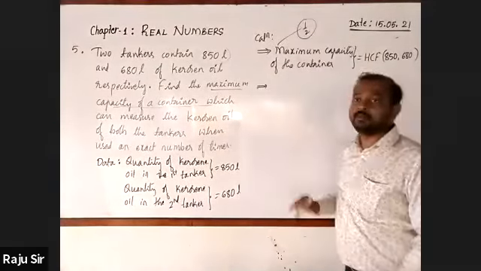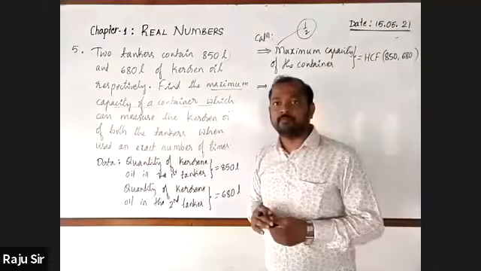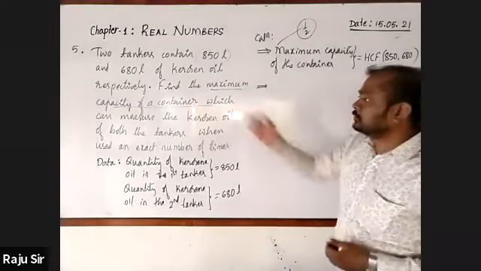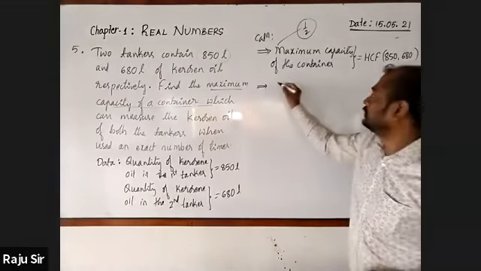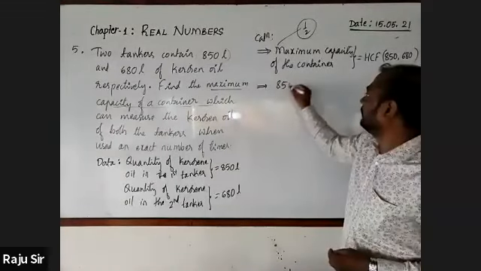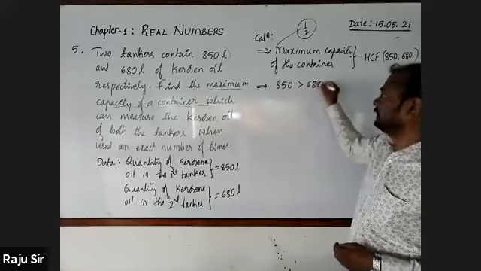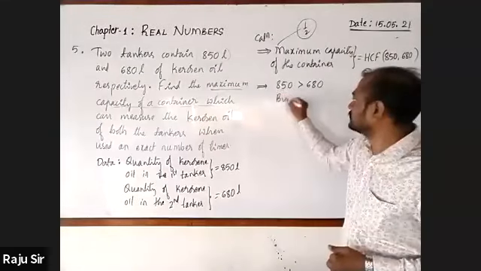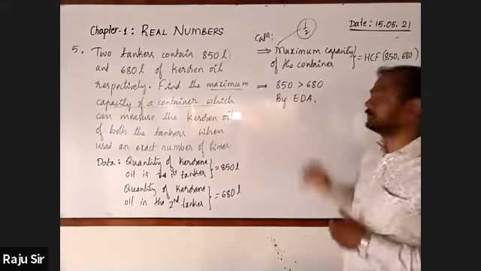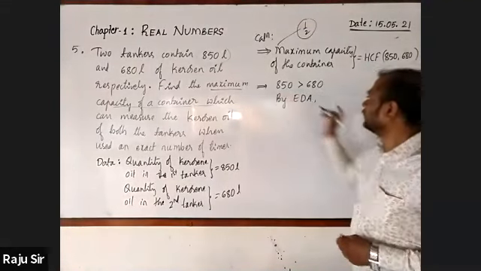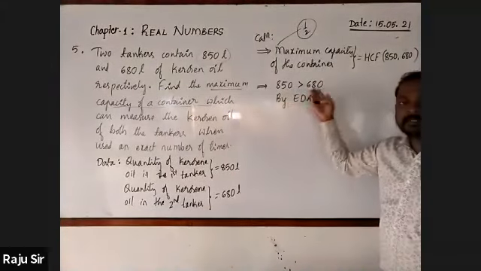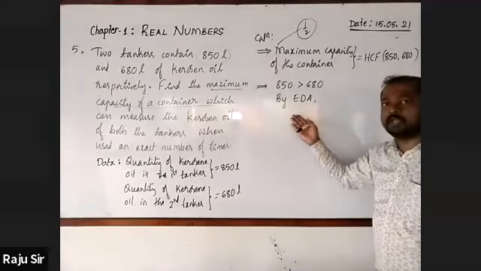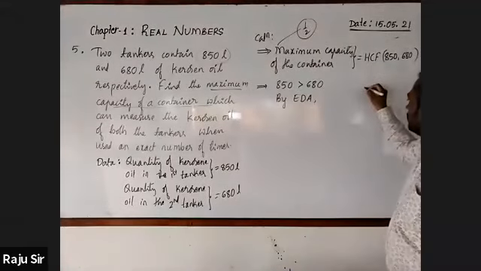Next, we have already learned how to find the HCF using Euclid's division algorithm, right? So let's use that. Here, 850 is greater than 680. Hence, use Euclid's division algorithm, and we can write it in the form a equals bq plus r. As it is a simple number, you can do it directly, or else you may use a working part.